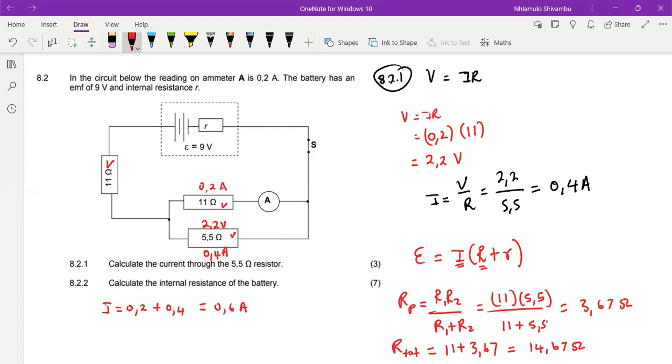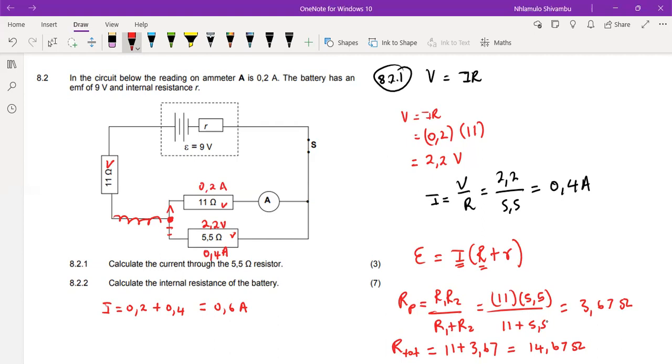This is the total current of the circuit, because the current got divided when it reached this point, right? The other current went up and the other one went down. So the 0.2 went up, the 0.4 went down, right? But this was the current coming from the battery, and then it separated at that loop. So this will be the total current of the circuit, which is 0.6.